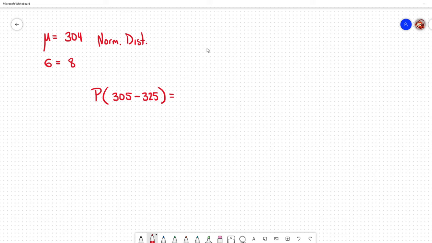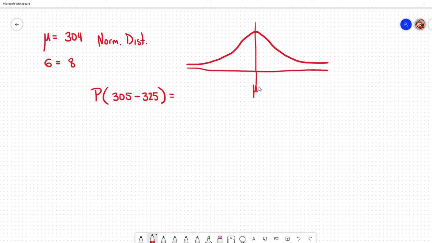Okay, so first, what is it that we always do? We draw our lovely sketch of the normal curve. And I'm going to mark out, here we go, there's the mean, beautiful. And now I want to go ahead and mark 305. So the mean is 304, so 305 is going to be over here on this side.